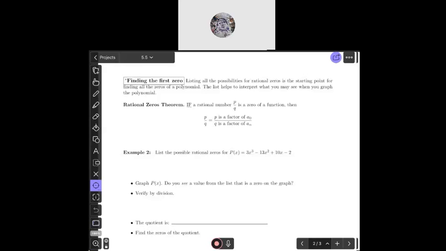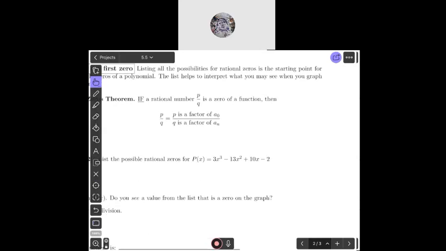Basically what the rational zeros theorem says, and I'm going to point to this equation right here real quick, is that any rational solutions to this equation, any ones that actually exist, will come from a list of numbers that we generate by dividing all the factors of what they're calling A naught, which to us is just the constant term, divided by all the factors of A sub n, which to us is just the leading coefficient.